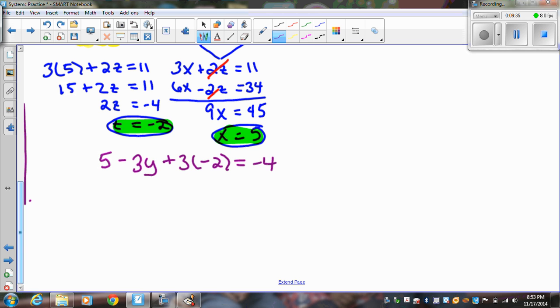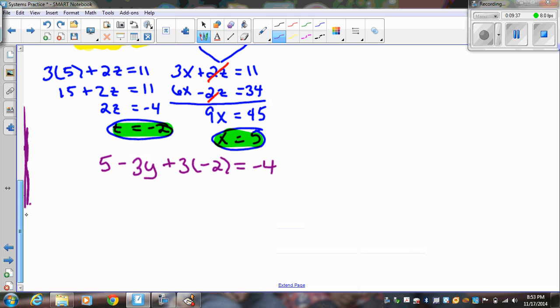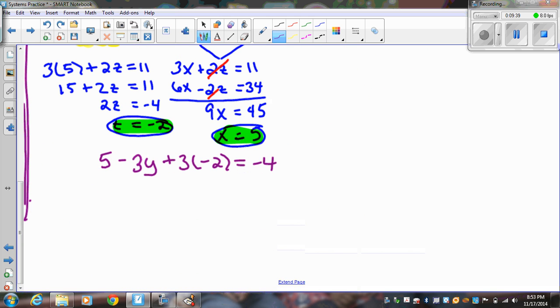Just check that real quick, make sure I have that correct. Yes, I do. So we're going to have our 5 minus 3y minus 6. So 5 minus 6 is negative 1. So negative 1 minus 3y equals negative 4. Add 1 to both sides. Negative 3y is equal to negative 3. y is equal to 1.